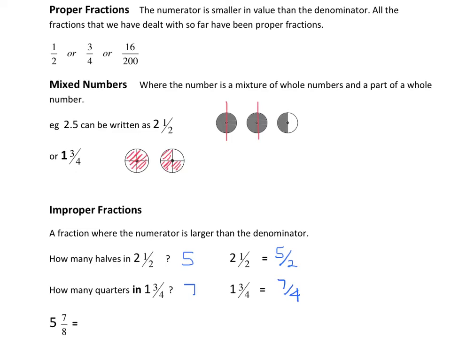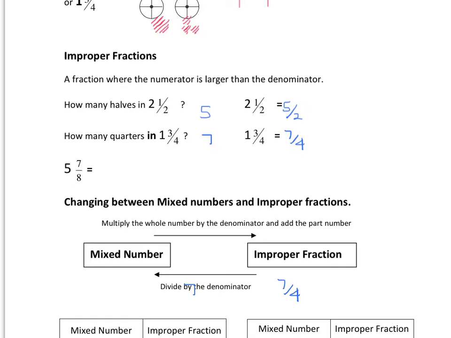How do we turn 1 3/4 into 7/4? 4 times 1 is 4 plus 3 is 7. So the mixed number 1 3/4 becomes 7/4. So now let's write 5 7/8.